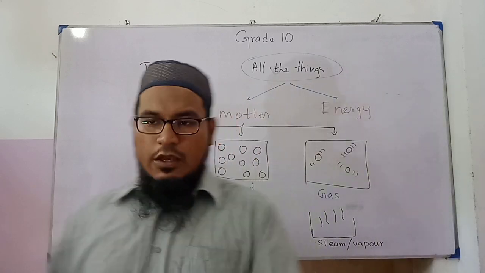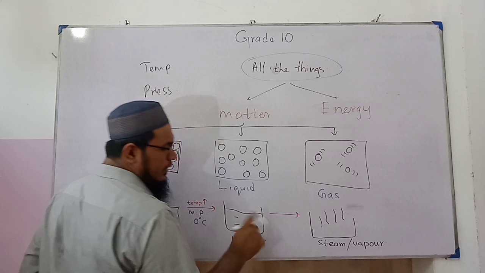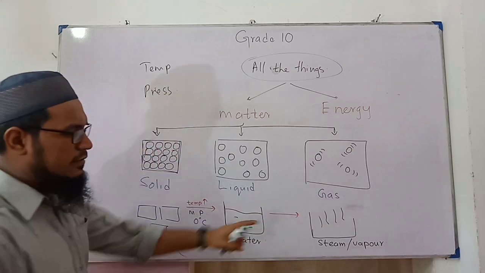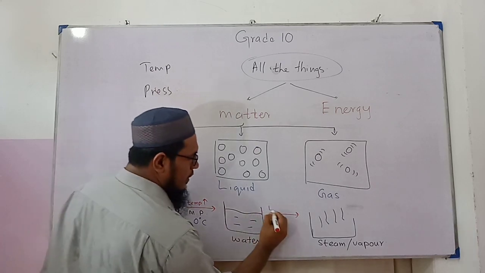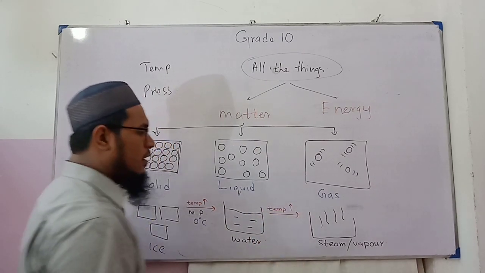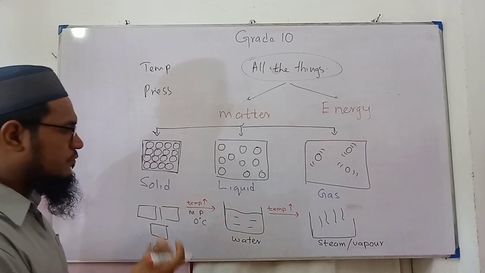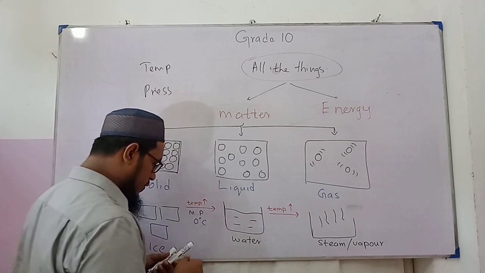Now, if I want to convert this water, liquid, into gas, that is steam or vapor, what should I do? Yes, increase the temperature. Keep it on the stove or in the boiler and boil it. This water will be converted to steam.